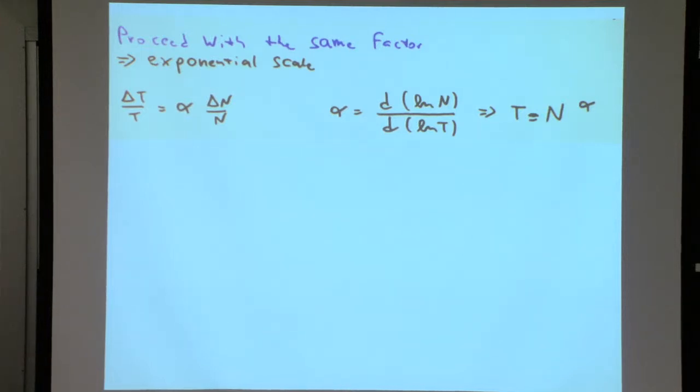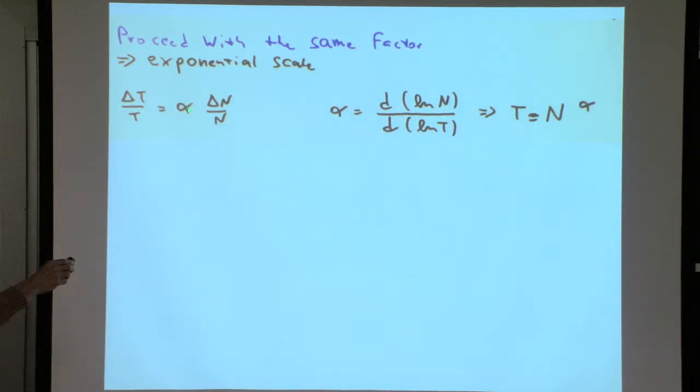So in the end, if you think either in discrete steps or continuously as a function of time, things should happen exponentially. If you want to characterize what happens in this system, we should correlate the percentage of temperature change to the percentage of the change in number.